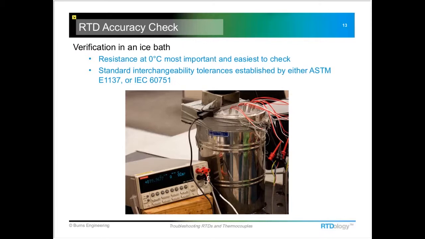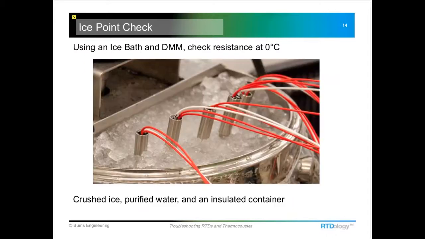The next step is to verify the resistance at the ice point. This is pretty simple: make up a little ice bath with some crushed ice, stuff the probes in there, and measure with an ohm meter.